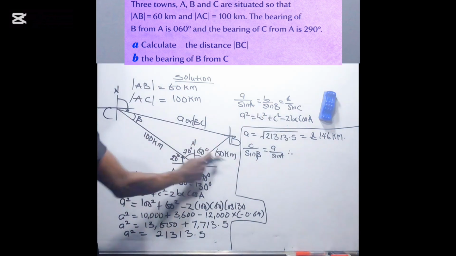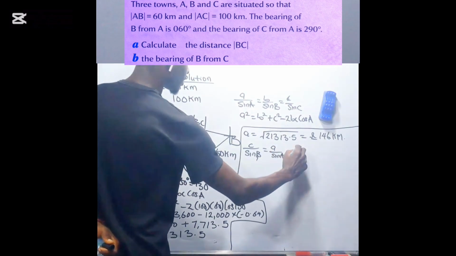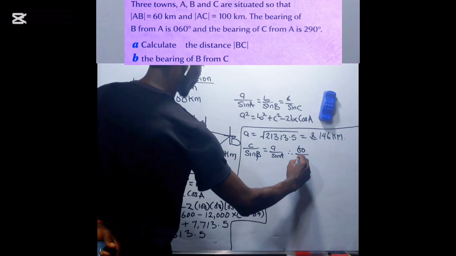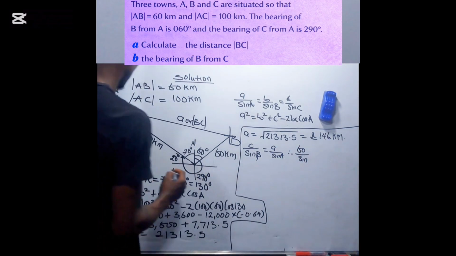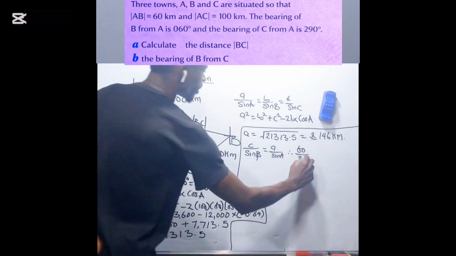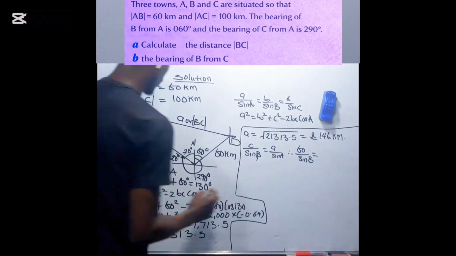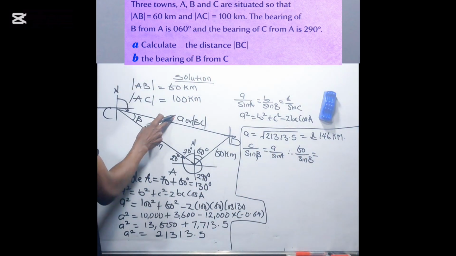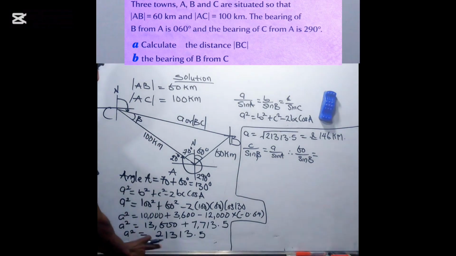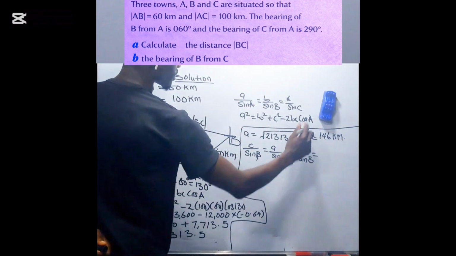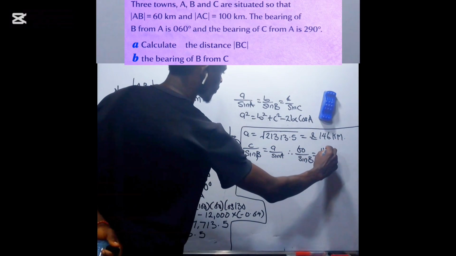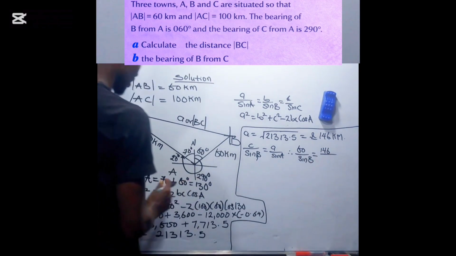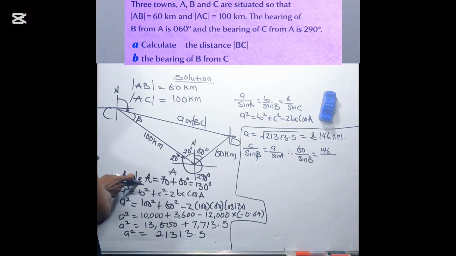Therefore, what is C? Side C is 60 over sine beta, which is what we are looking for, is equal to A. Remember, A or BC is the same thing as 146 kilometer over sine A. And what is angle A?